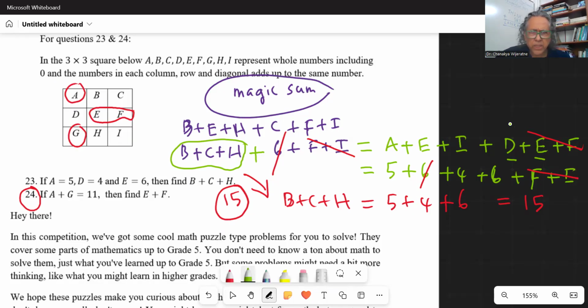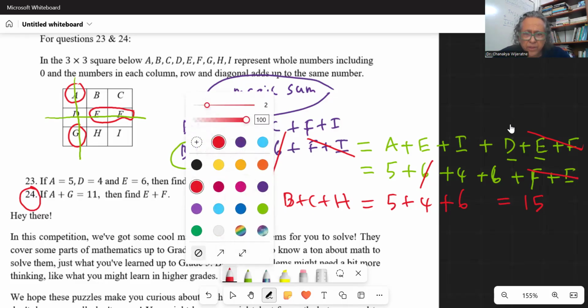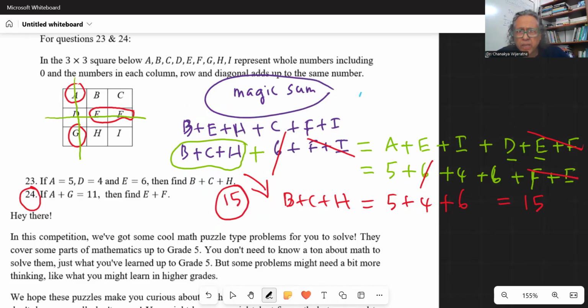You can see that this row and this column have a common element, and the sums of the numbers in this column and that row are the same. So let me get a different color, like blue. So A plus D plus G is equal to D plus E plus F.